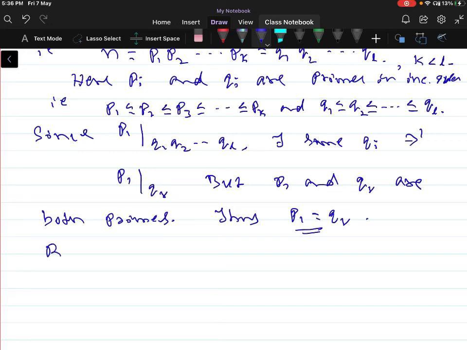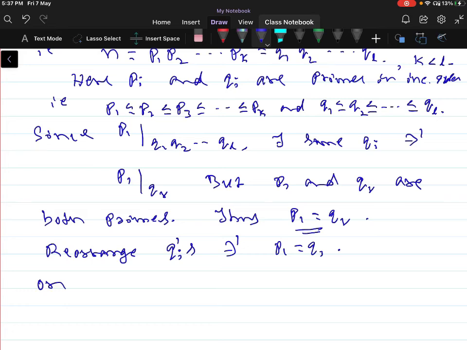Now rearrange the qi's such that p1 is equal to q1 instead of qr.